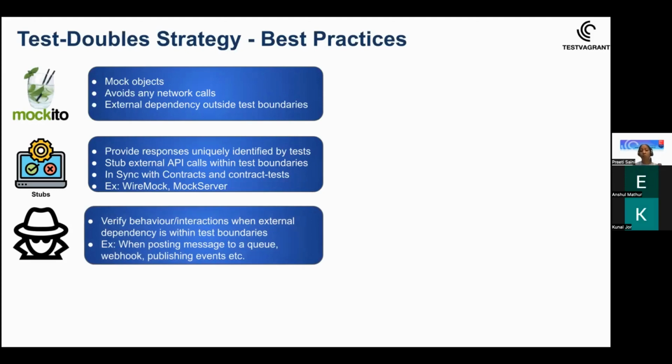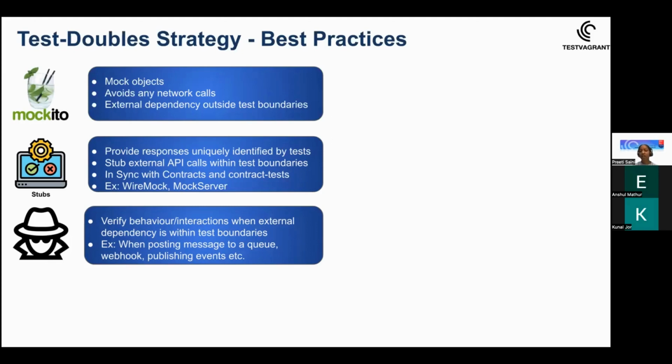So you're not mocking an object, but it will keep track of all the interactions that you make with the spy object: what methods, how many times you have called the methods associated with this object, and what arguments you have called it with, right? So it keeps track of this behavior and helps you verify a lot of things.